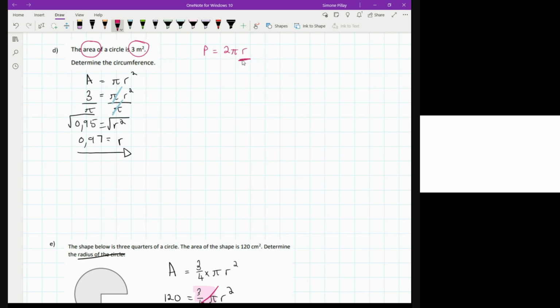So I need to know what my radius is to calculate that. So what we did is we worked backwards from our area formula to calculate our radius. Now that we have our radius, Itandile is going to take us through calculating the circumference.